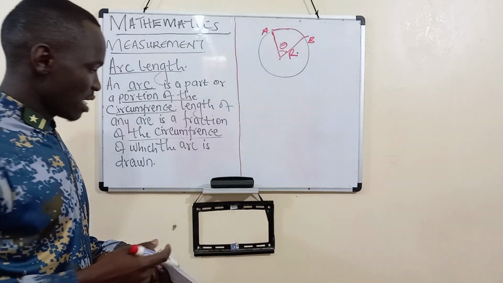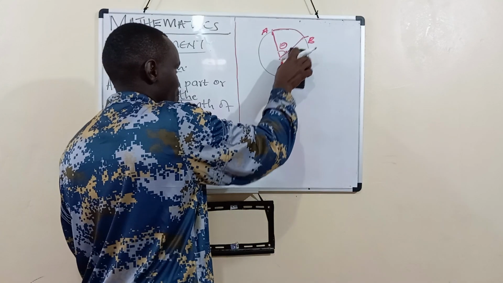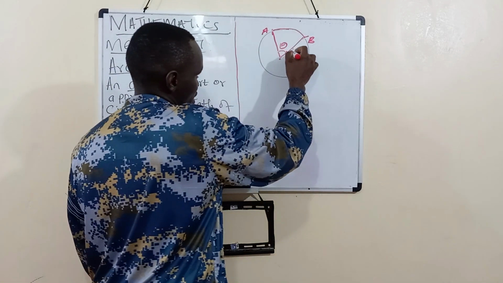So when we have the radius, let me use a small r because radius is half the diameter.